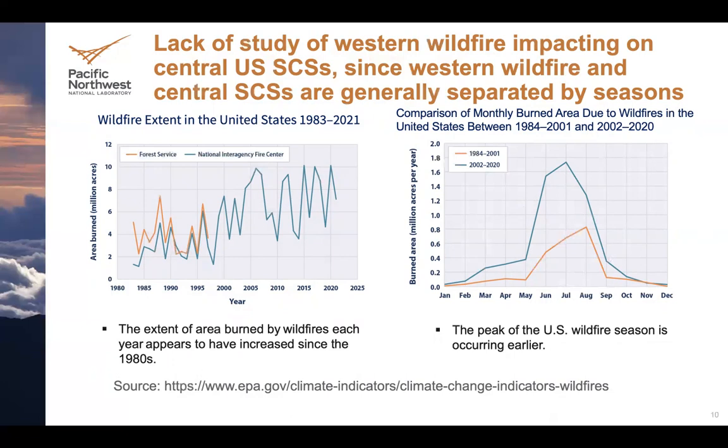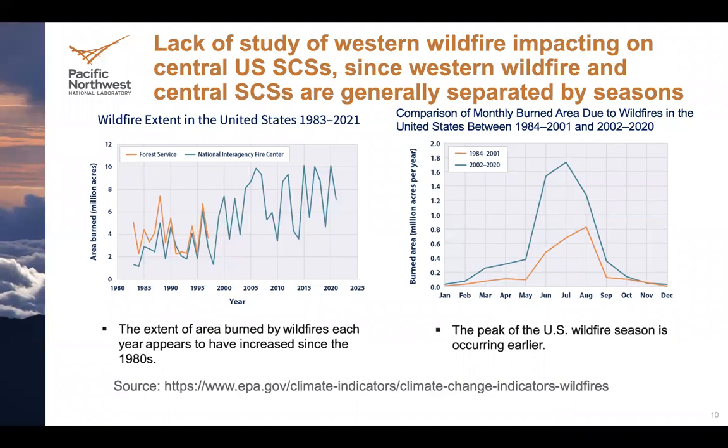For example, Western wildfires usually peak in the summer season, while the central U.S. convective systems usually happen in the spring season. So they are generally separated by seasons.